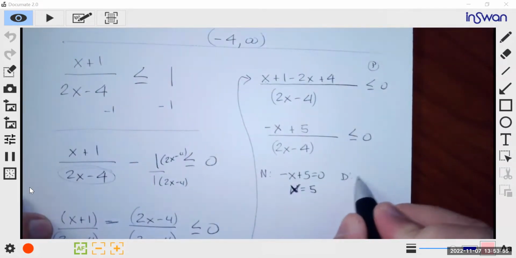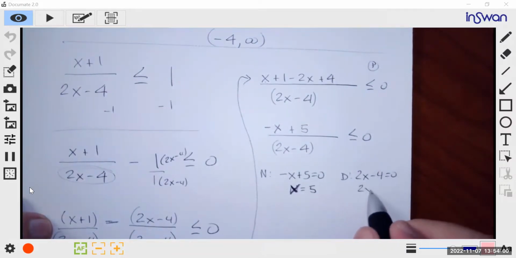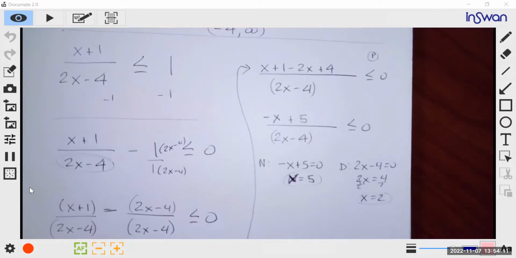Set the denominator equal to 0: 2x minus 4 equals 0, 2x equals 4, divide by 2, x equals 2. Very good.